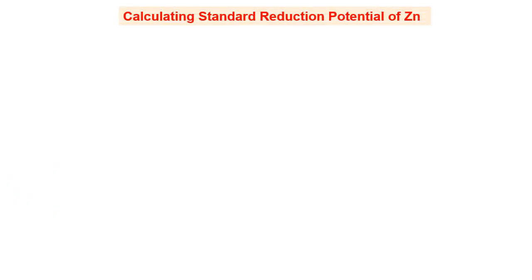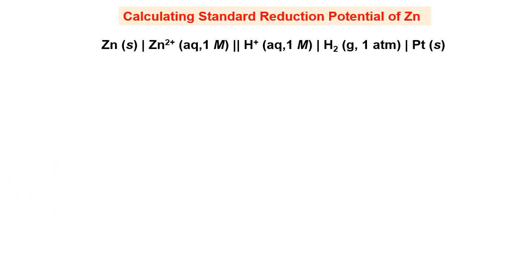Calculating the standard reduction potential of zinc. This is the cell notation that I give to you. Sorry, the cell notation. I keep on giving you this wrong term. So I write it down over here. This is your cell notation.